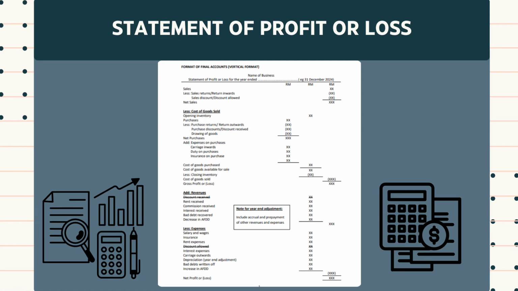First of all, the statement of profit or loss is a key financial document that provides a clear overview of a company's performance over a specific period, typically quarterly or annually.